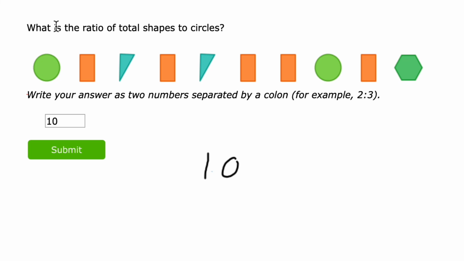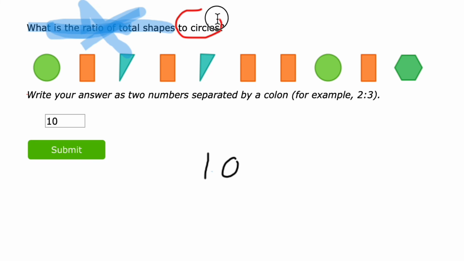So, all right, we have all that. We answered total shapes, so we can cross that out. Now the main one is circles. There's not really any addition or subtraction to this, and again, that's what makes it easy.